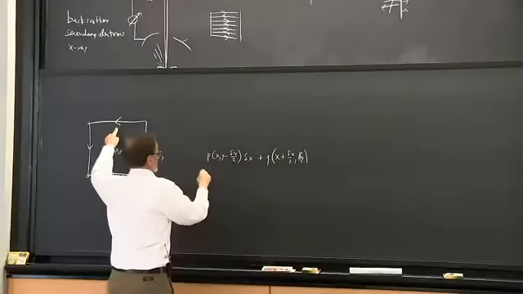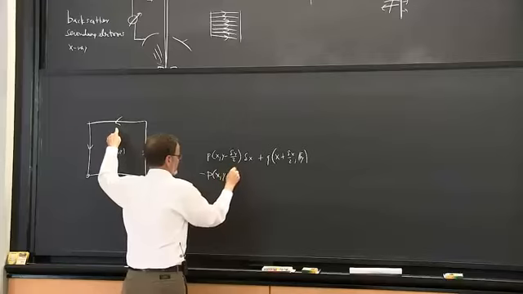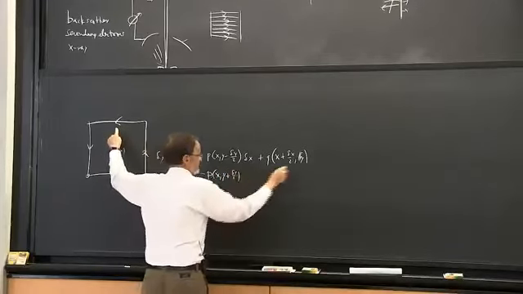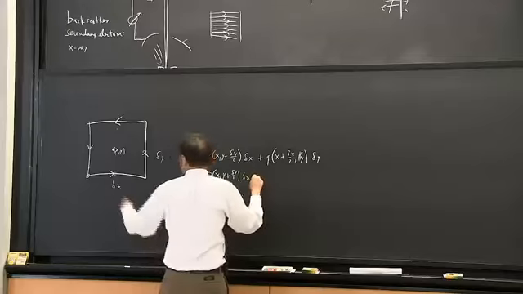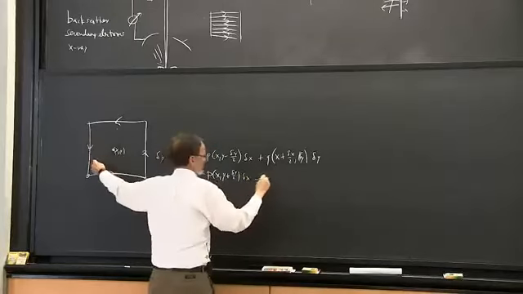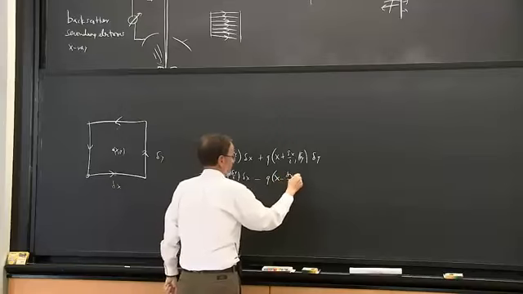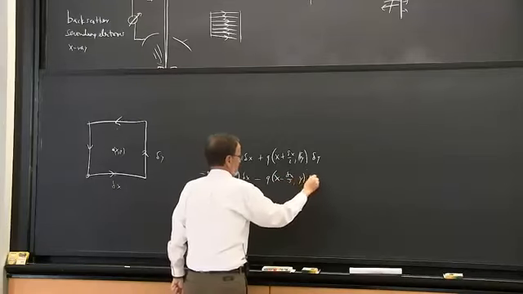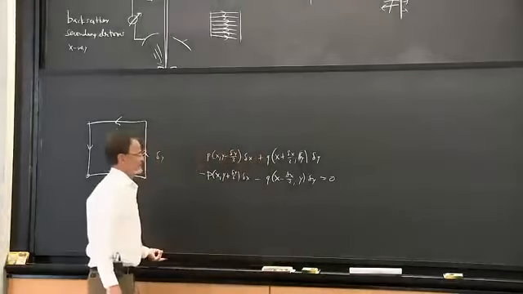And then we go across the top, minus p of (x, y plus delta y over 2), times delta y. And then we go down, so it's minus q, and that should be 0. We should be back at ground 0.